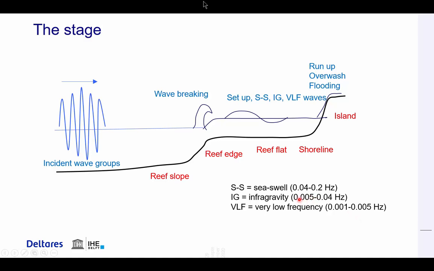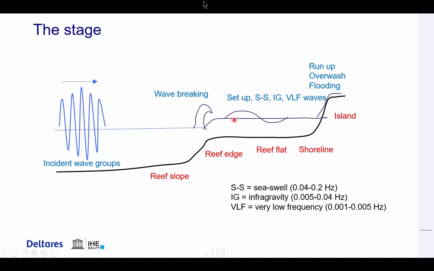Here I'm going to be talking about different aspects of the wave hydrodynamics or the wave dynamics and run-up on these steep island coasts. Here we have a conceptual figure of a reef slope leading up to a reef edge, a reef flat, the shoreline, and an island. And here are some waves. Here are waves in wave groups. As you may know, every 7th wave is a high wave, which may break on the reef edge.